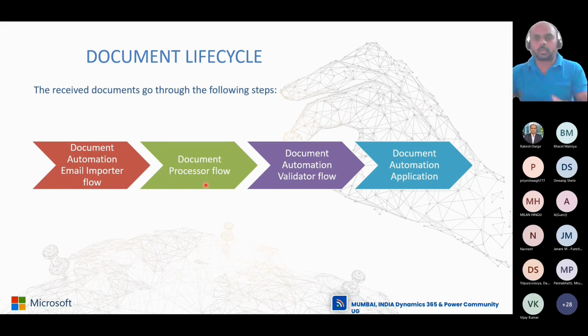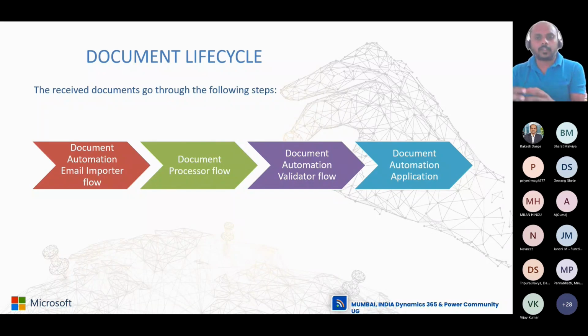Then in the second flow, it goes to the document process flow. Once the document is in my document queue, it will send it to the AI Builder model which we have configured. We can even configure multiple models. It will process that data using the AI model and provide us the relevant, desired data.